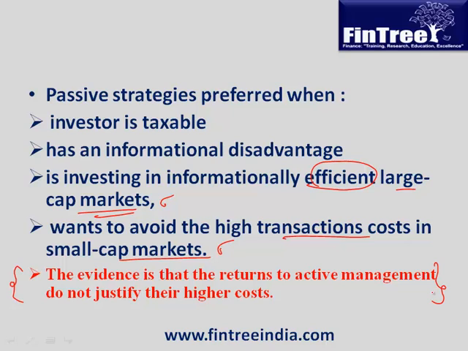Are you fine that this is an empirical data that active management has not been able to justify the higher cost which is spent on the research, and that's the reason why they have lower information ratio than semi-active. Are we fine?